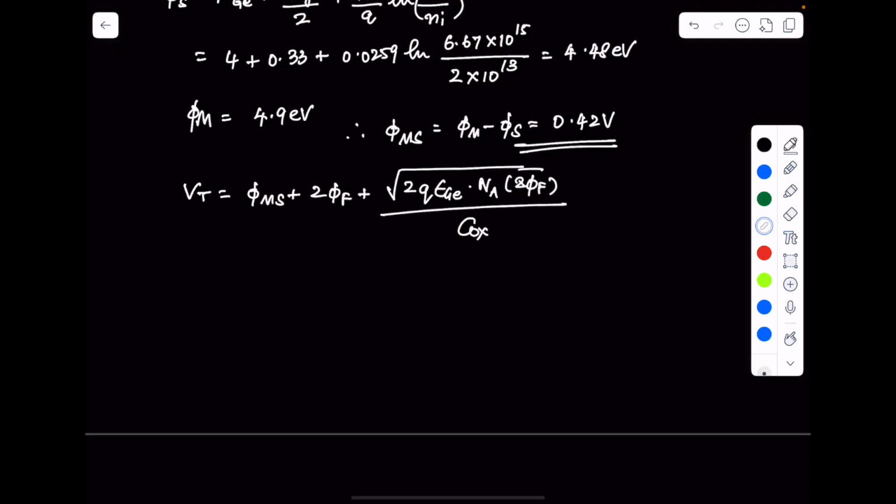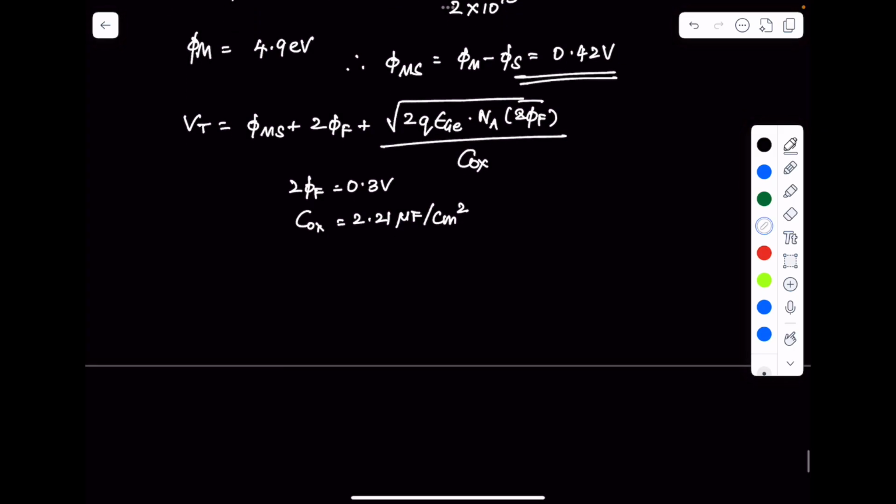When you work this out, here you have 2 phi f equal to 0.3 volts roughly, and you have Cox, which is 2.21 microfarad per centimeter squared. Everything else is known, so you can calculate this. What you get is that this expression is roughly 0.0117 volts.